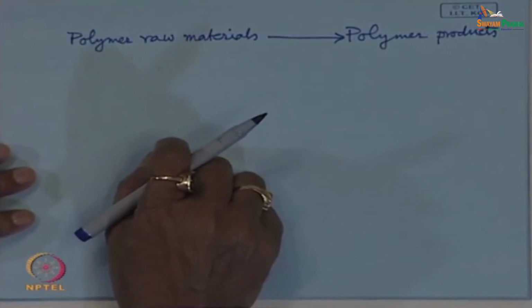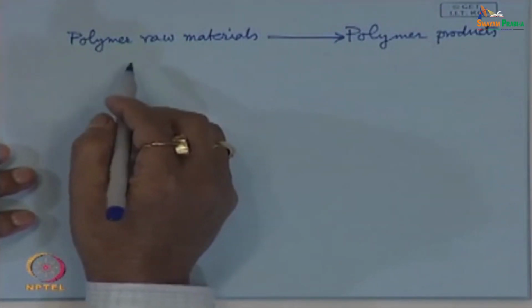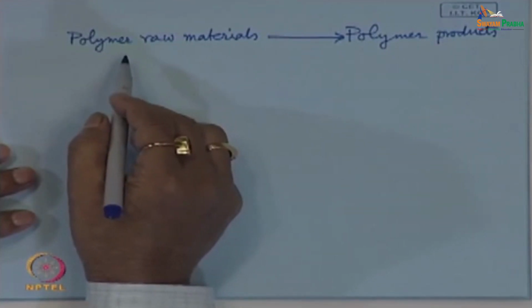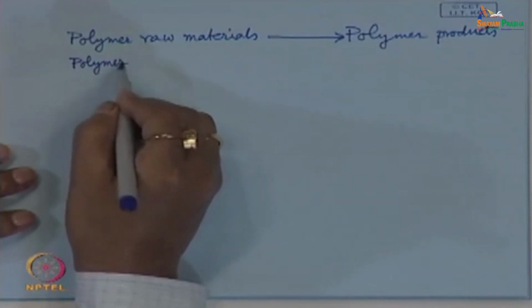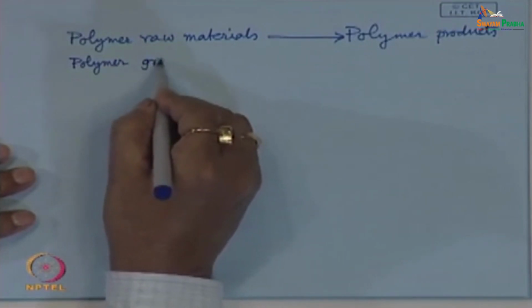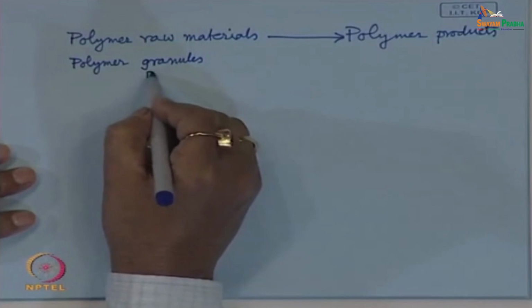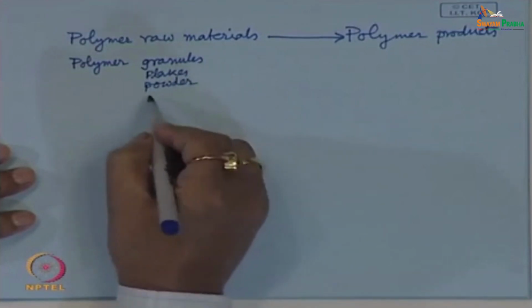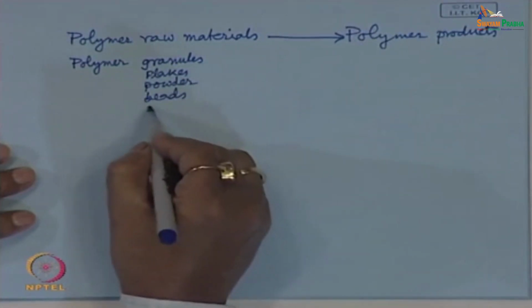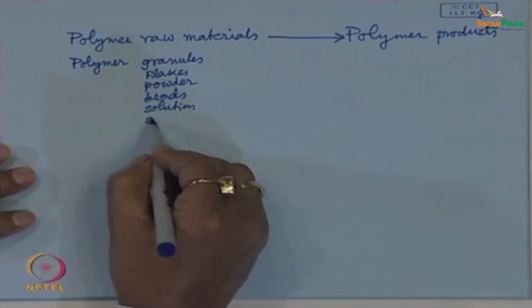Polymer raw materials, I mean polymer in the form of granules, flakes, powder, beads, solution, suspension.